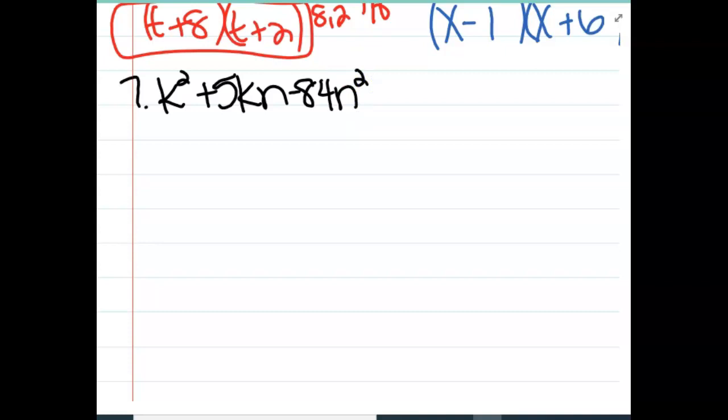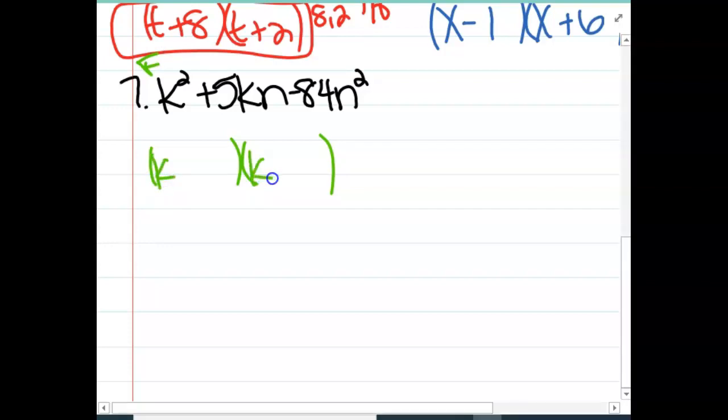Yikes. So this looks way more complicated because there's like 2 letters and all sorts of big numbers. Okay, it doesn't matter what it looks like, guys. You already know what your answer looks like. It's a factoring problem, a FOIL problem, because if I ever say I want you to factor something, it means it's a FOIL problem. And guess what? You already know how to get the F. How do you get k squared?